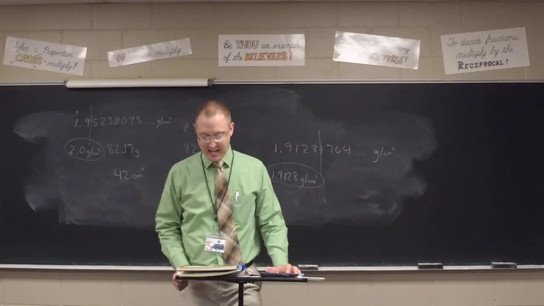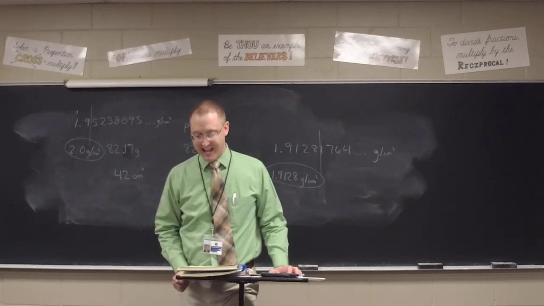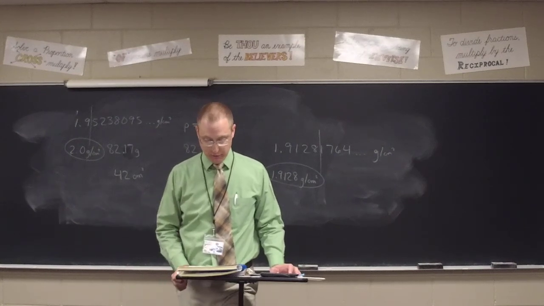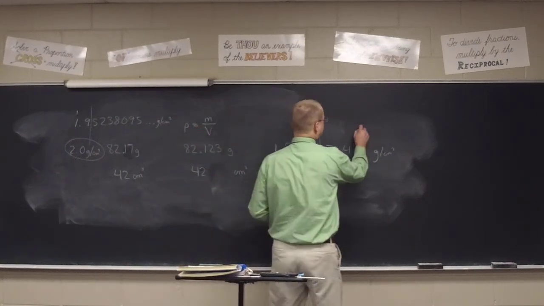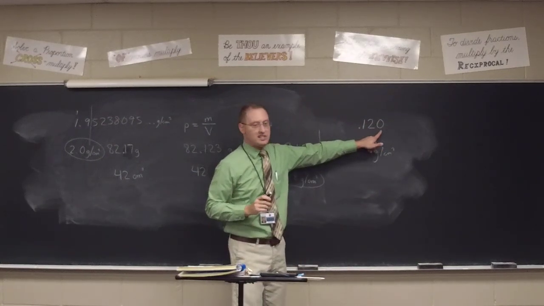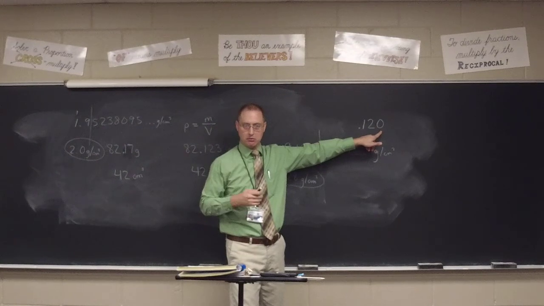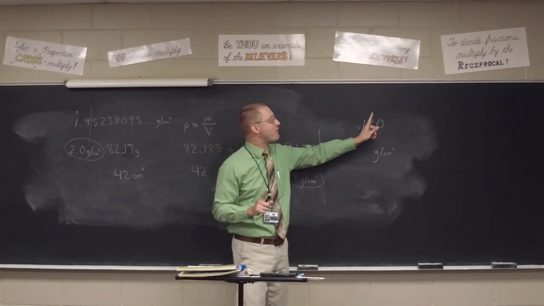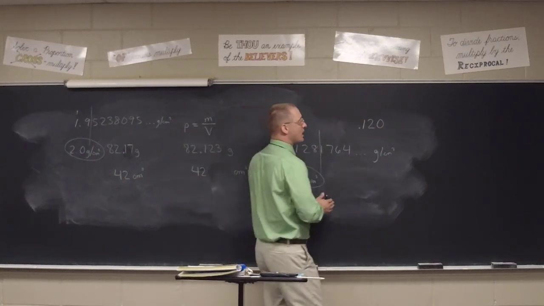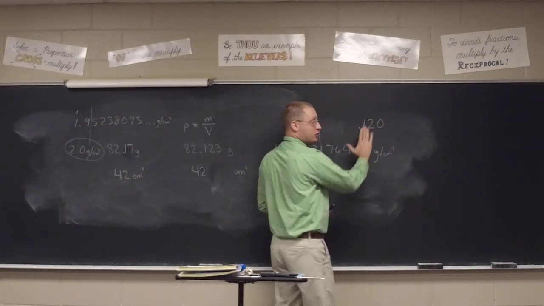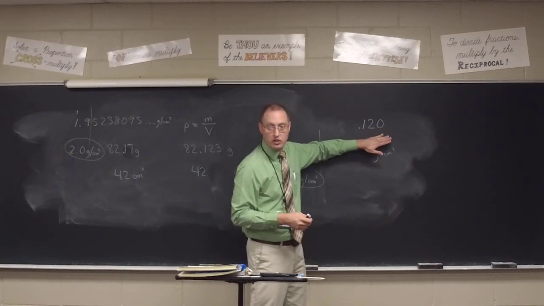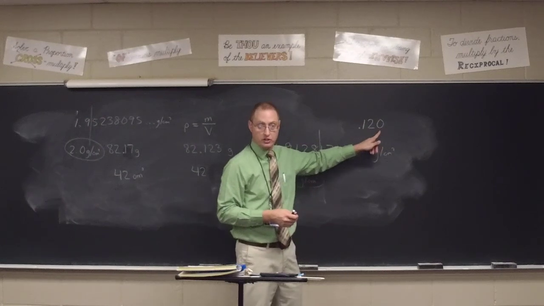Look at the next rule. In numbers with a decimal point, zeros after the number, zeros to the right, are significant. For instance, when I say 0.120, normally would I have to write that 0, class? No. But if I take the time to write the 0, there's a reason. I'm saying this isn't 12 hundredths rounded to the hundredths place. It's 120 thousandths. And I went on purpose to the thousandths place to show that detail.